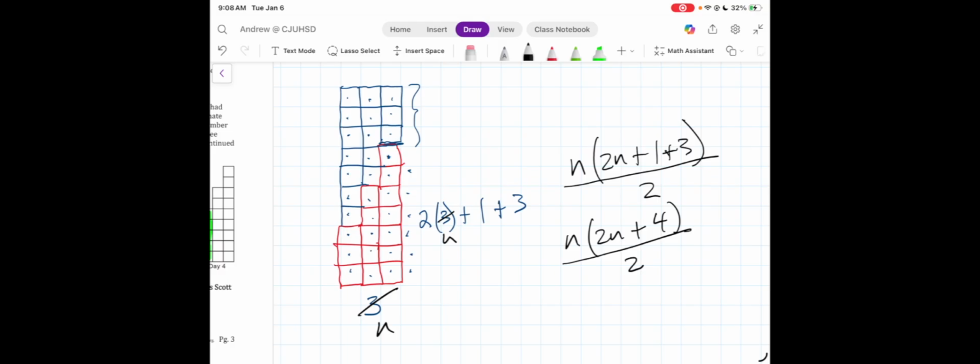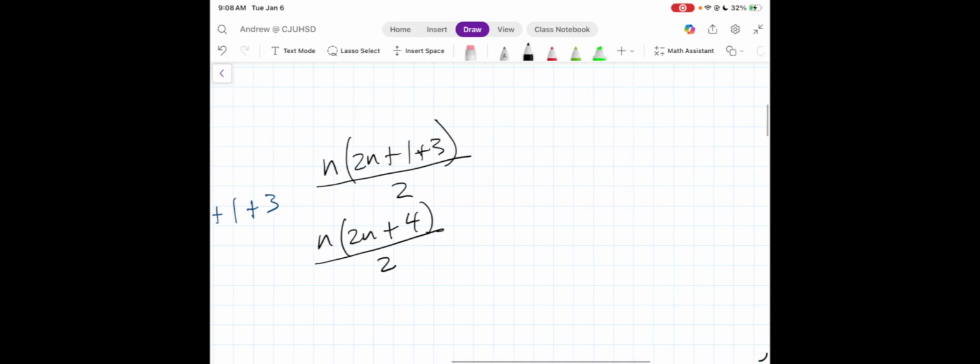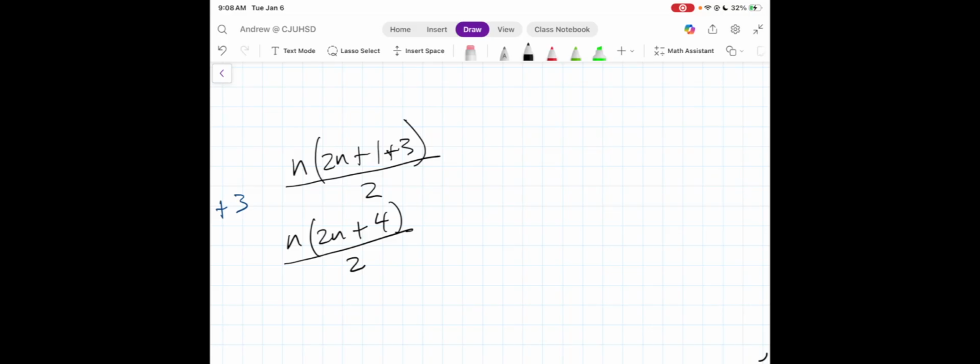Now, as far as reducing goes, if you have a product that gets divided by another number, you have to choose which of the 2 factors you're going to divide into. So let me give you a quick example to the side. Let's say you're going to go 4 times 6 divided by 2.